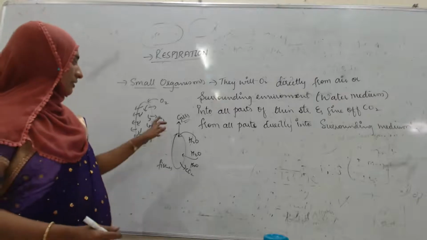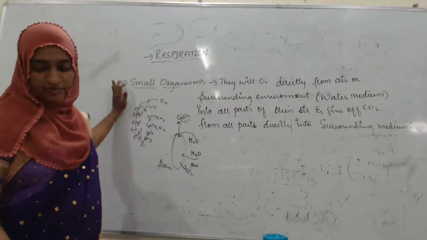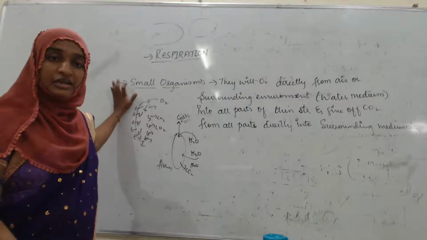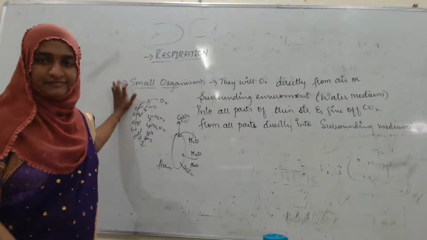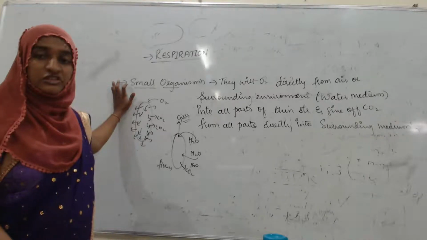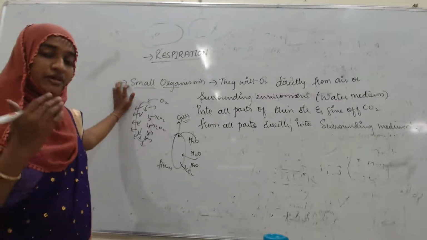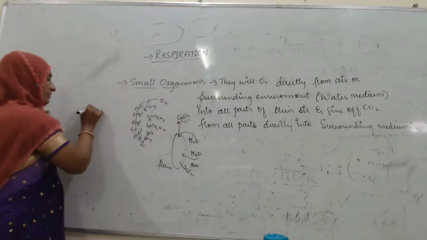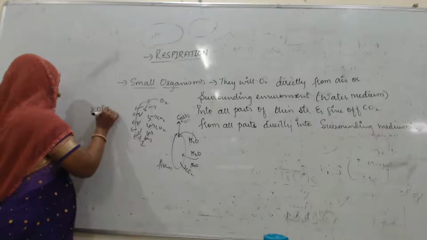So directly the oxygen can reach all parts of the body, and they are in direct contact with the gases. So which process takes place in the smaller organism, by which directly they are exchanging the gases? That is diffusion.